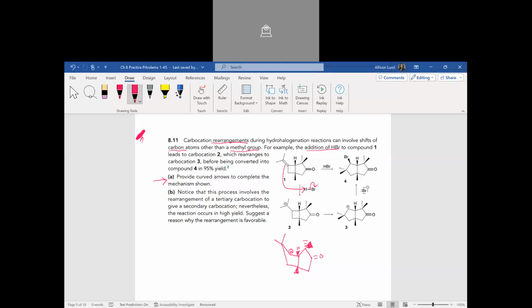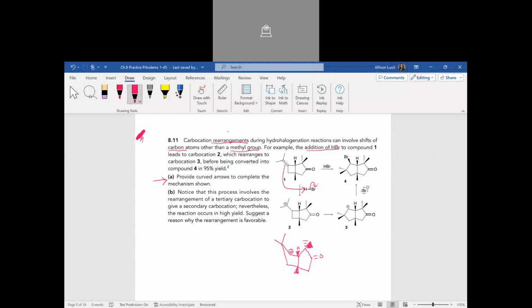We will see protonation of the carbon-carbon double bond to form a tertiary carbocation. Either side of the double bond could be protonated to form a tertiary carbocation, but only compound 2, with this orientation, would yield the rearrangement that we're referencing here.